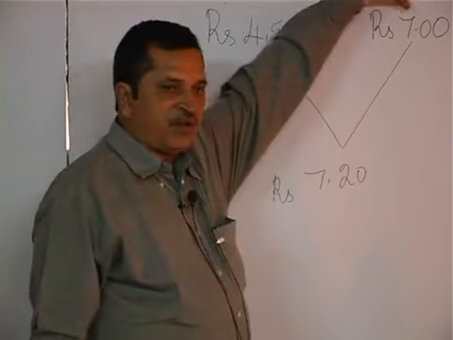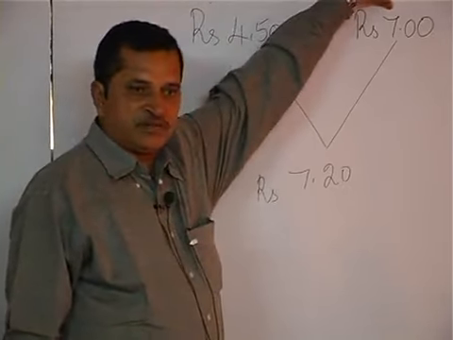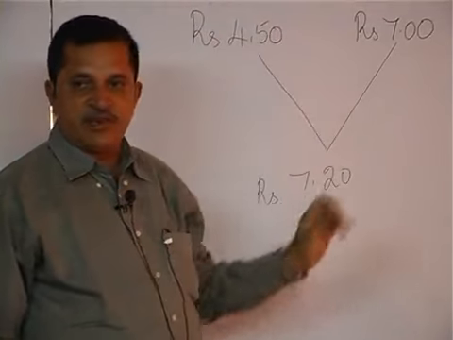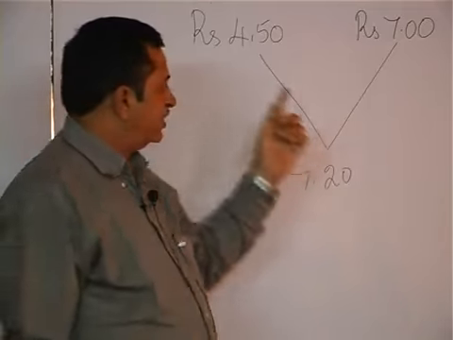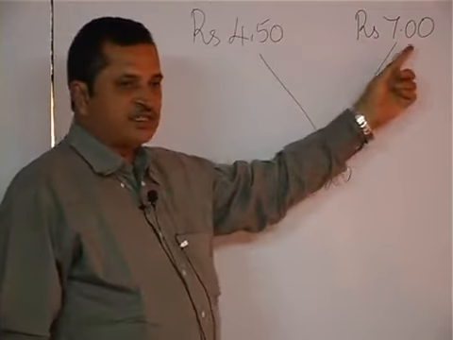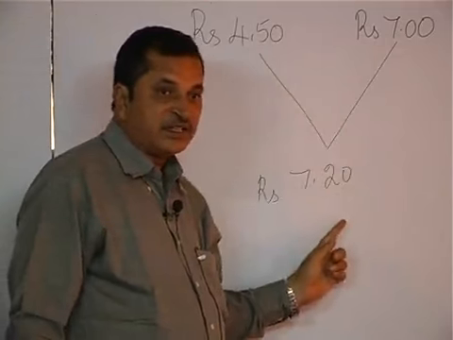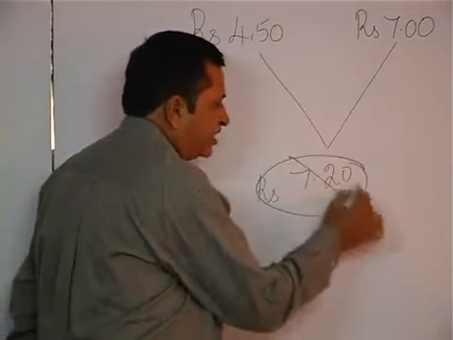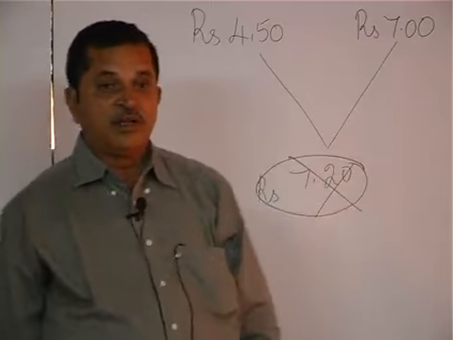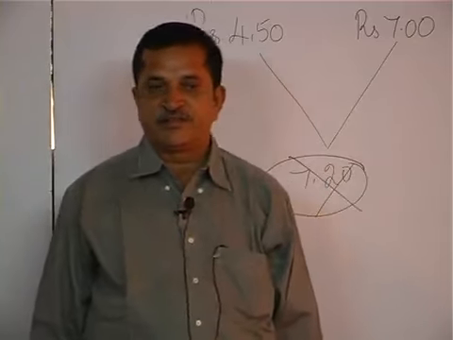Another variety of rice is costing 7 rupees. These two are mixed and the mixer is sold. This is the cost price, this is the cost price, this is a selling price. But here, in place of selling price you have to put cost price.